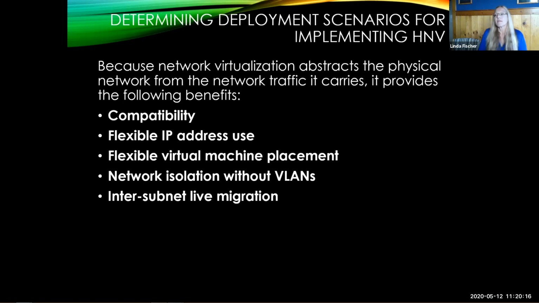So things that we need to think about. One of the nice things is that we've got compatibility. The network virtualization avoids the need to redesign your physical network to implement network virtualization. We've got flexible IP address use, so we can isolate virtual networks, enabling IP address reuse.